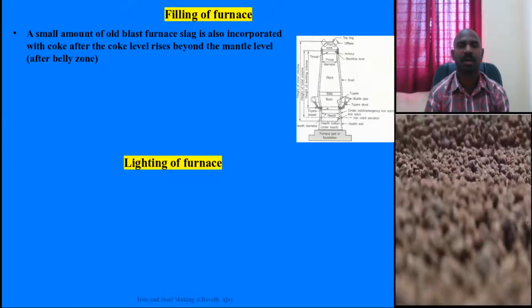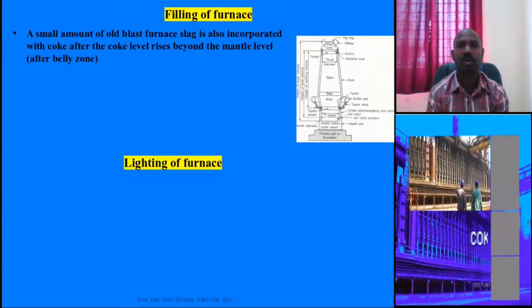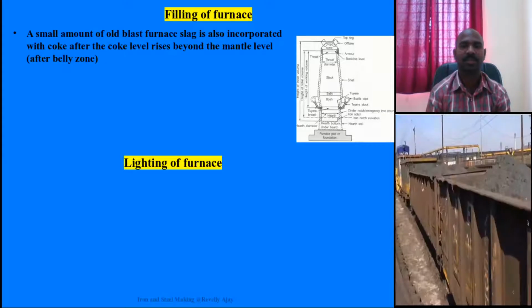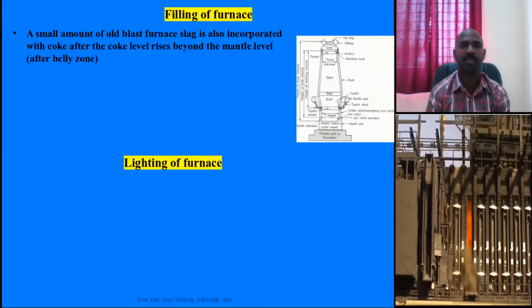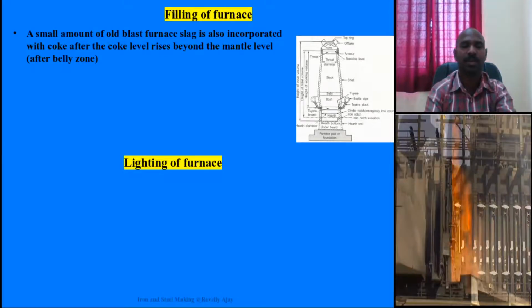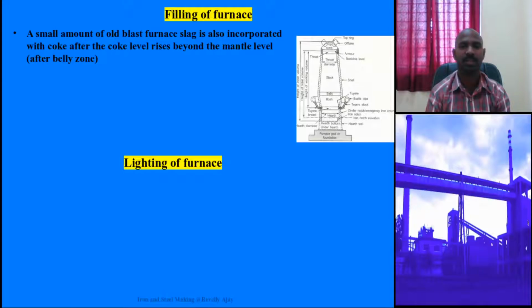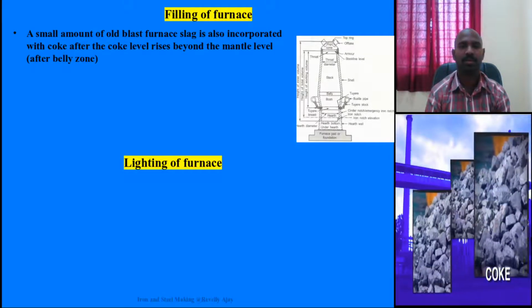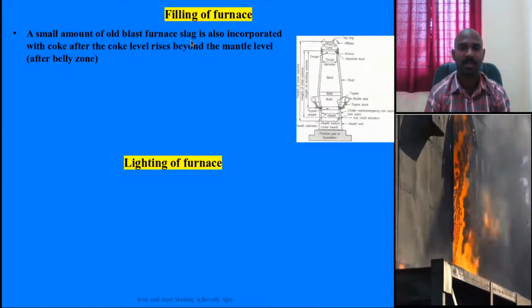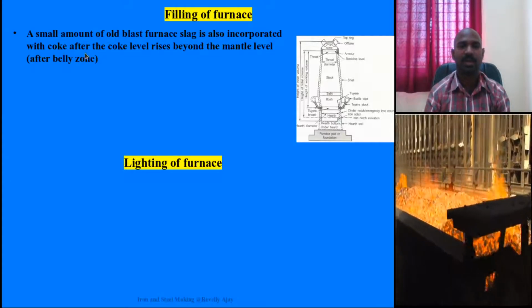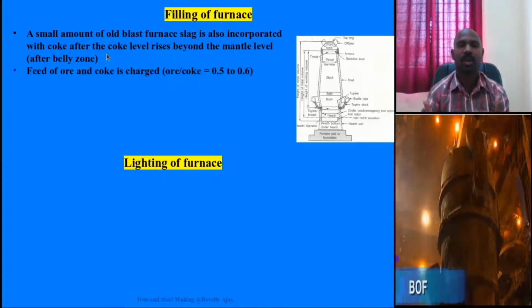Some amount of blast furnace slag, previous slags, is also incorporated initially. This will also help by giving some thermal energy, and is filled after the iron ore layer above the Bosh zone, that is called the belly zone. Some amount of blast furnace slag is also added along with the coke. That is also normal practice.